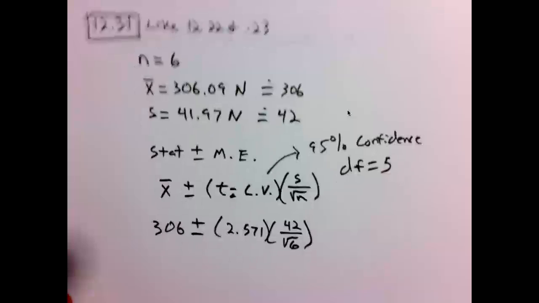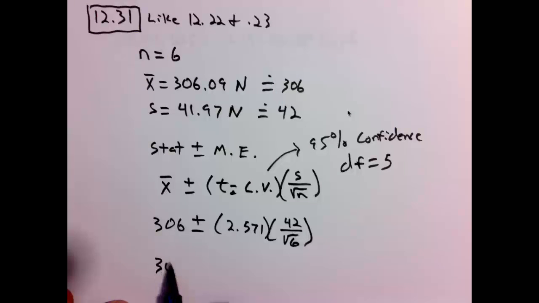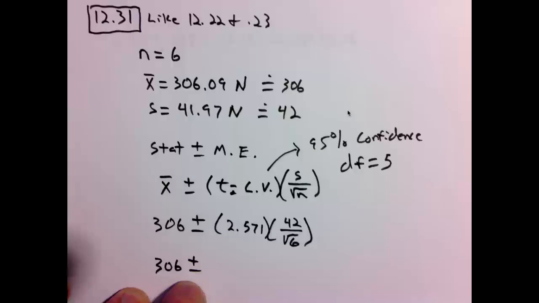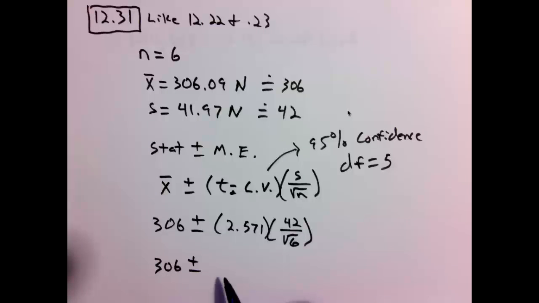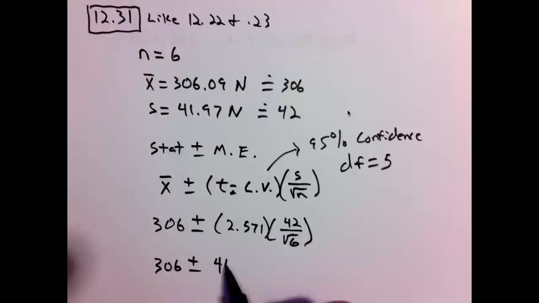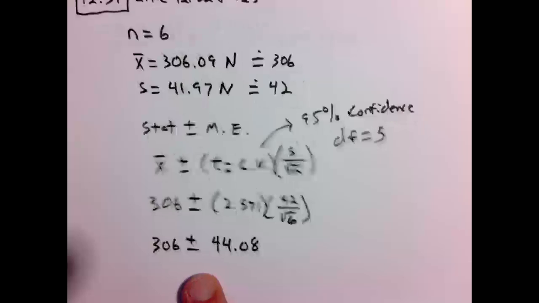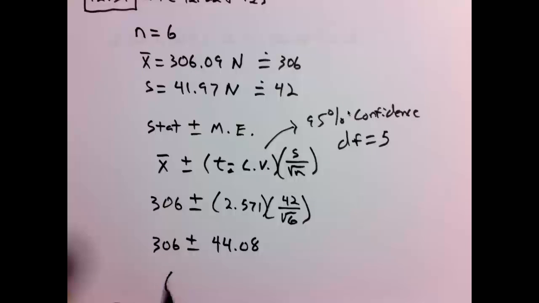Alright, so now it's just some calculator work. 306 plus and minus, using your calculator to evaluate that value. So my margin of error was 44.08. Alright, this is one perfectly legitimate way to express the confidence interval. Equivalently, we could write it using interval notation.